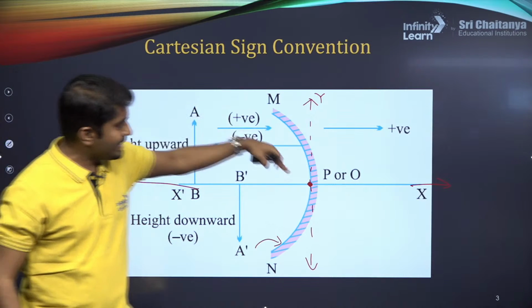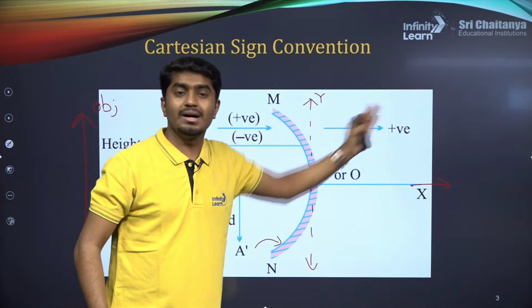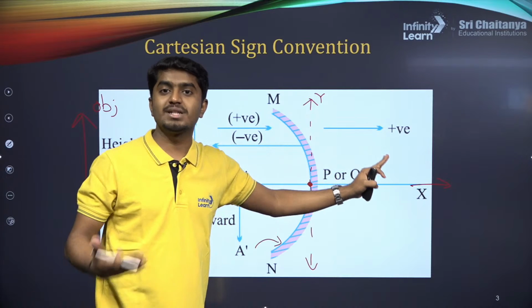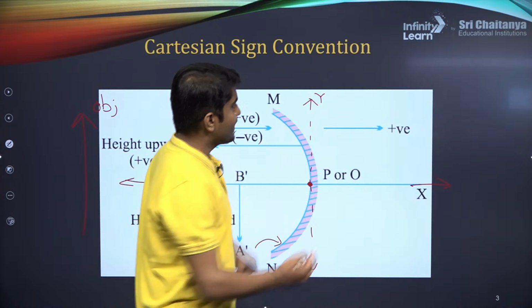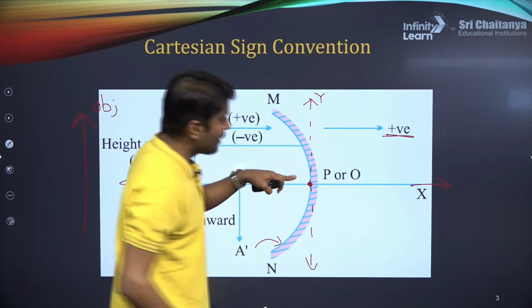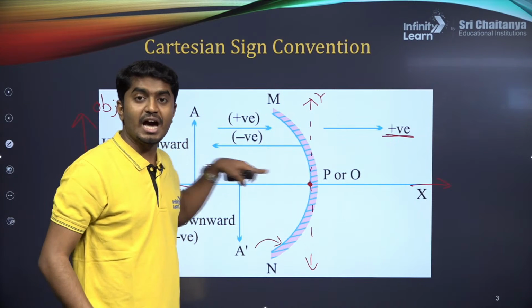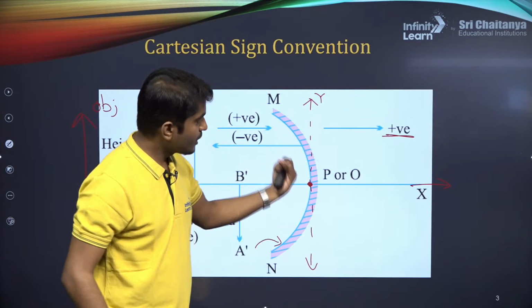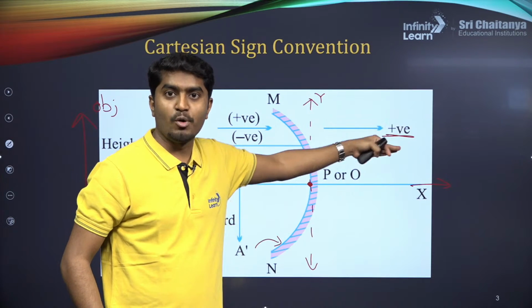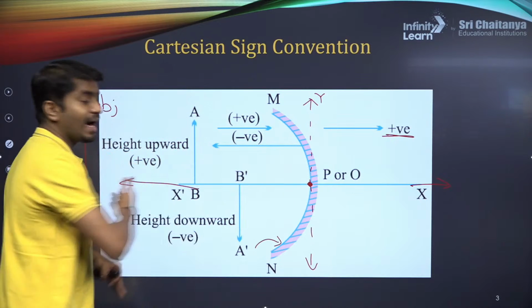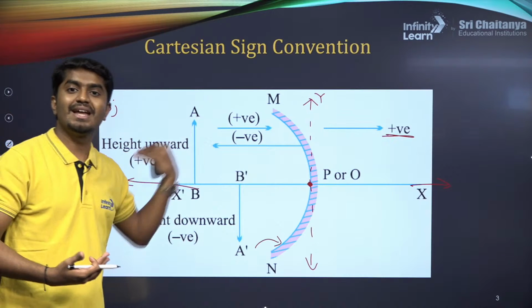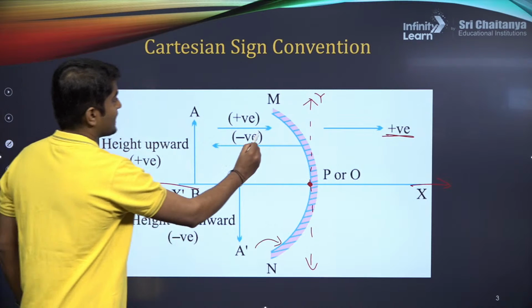In the Cartesian system, if you go to the right side, there is a positive direction of the x. So all the distances measured along the x-axis on the right side are positive. Distances measured along the x-axis on the left side are going to be negative.